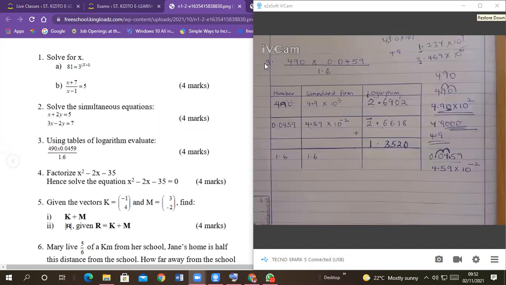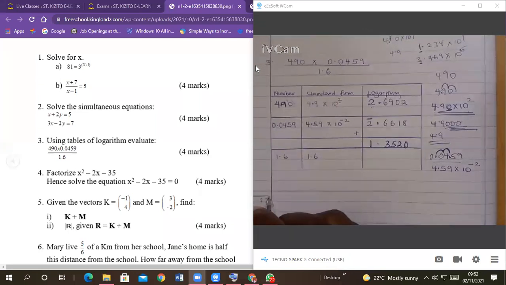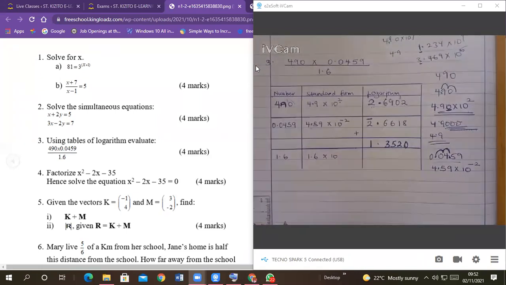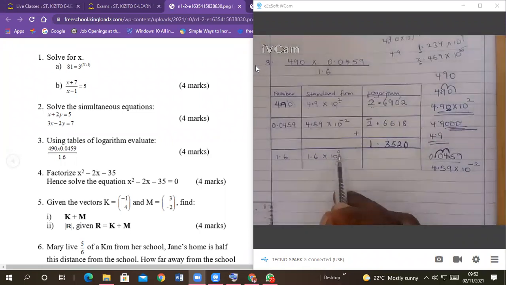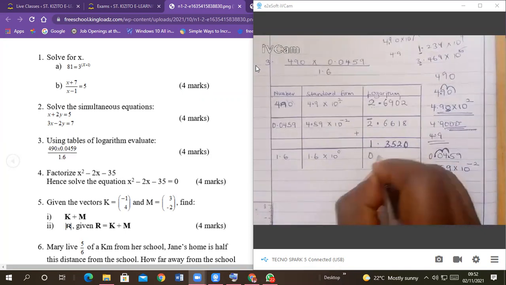Yes, Esther. Yes, teacher, the standard form of 1.6 is 1.6 times 10 to the power 0. Correct. 1.6 times 10 to the power 0. Even this power which I've got here, which is 0, come and write it there.